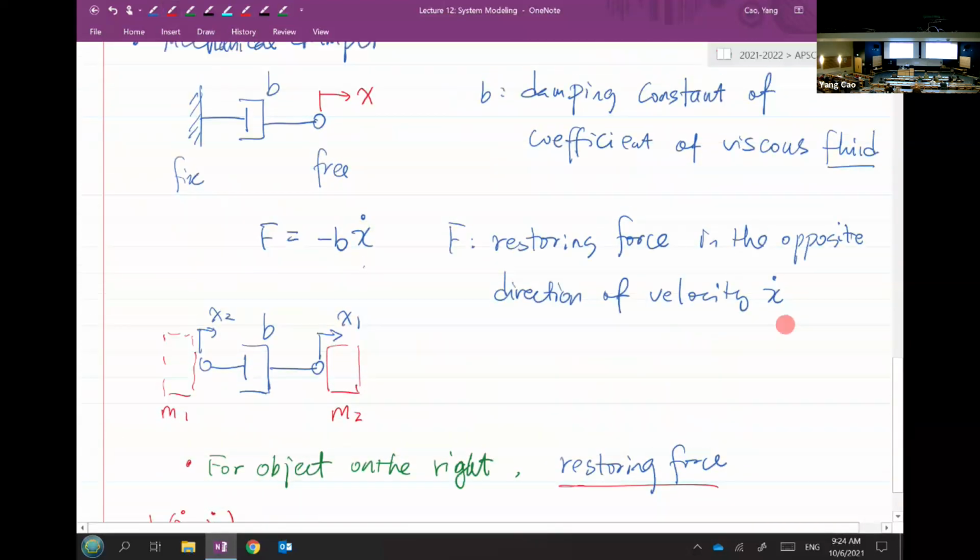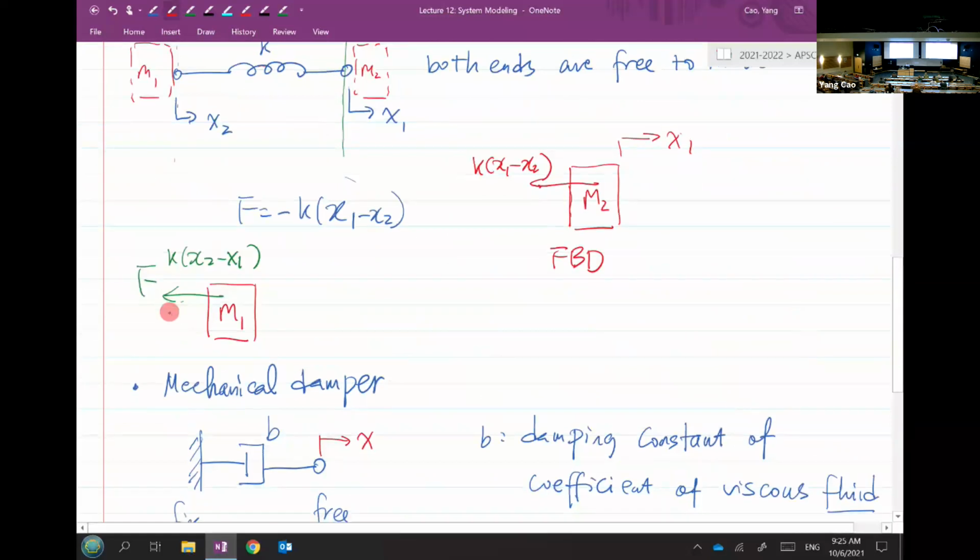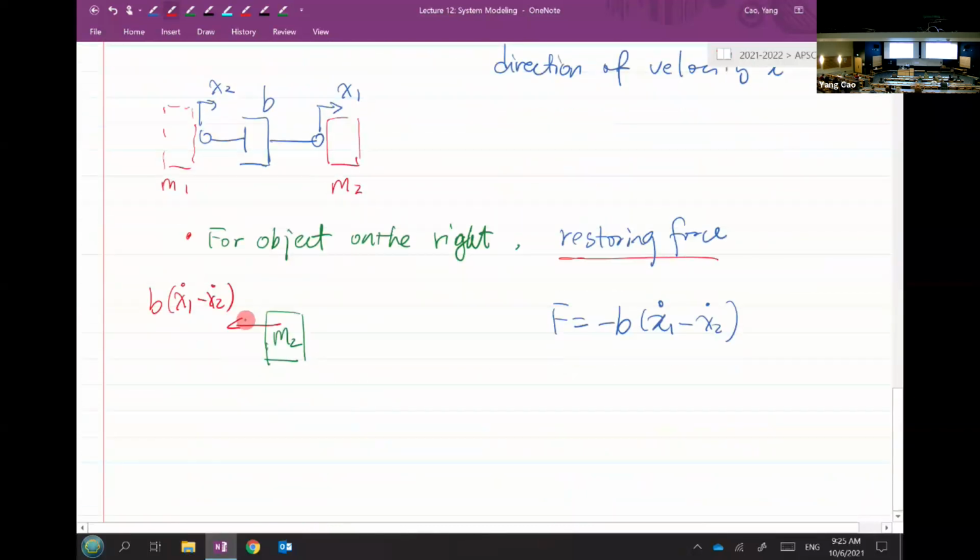Maybe I should be a little bit careful here. Let's be very rigorous, because I drew the F right here. So I shouldn't draw the F. I should probably just label this quantity of the vector, because the actual F is in the opposite direction of x2. So what we really care about is just the magnitude of this vector here, right? Just like this one here, the magnitude of this force exerting on this M2 is B times x1 dot minus x2 dot.